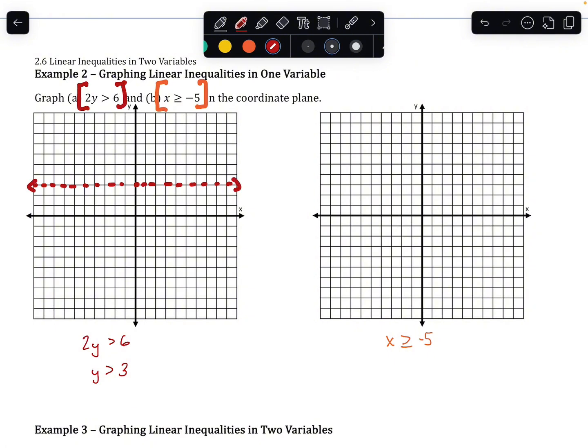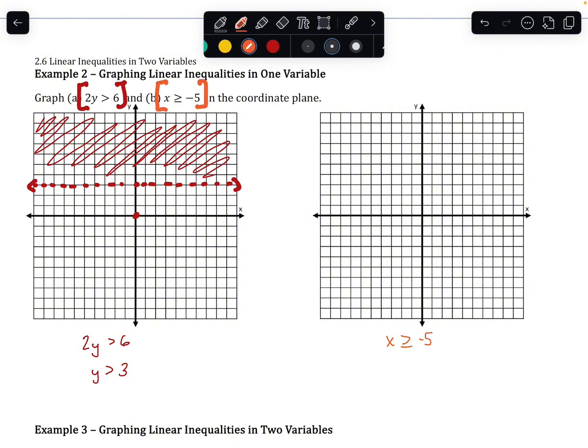Now the question is, where do we graph it? Earlier I said we're going to plug in 0, 0 for our check. So does this point 0, 0 work? 0 for y is not greater than 3. Therefore, we'll shade above. So that is the first problem.